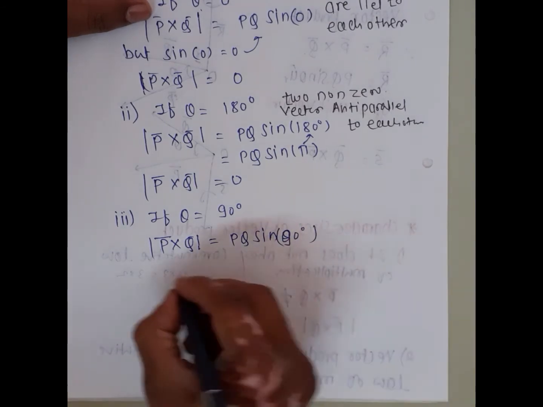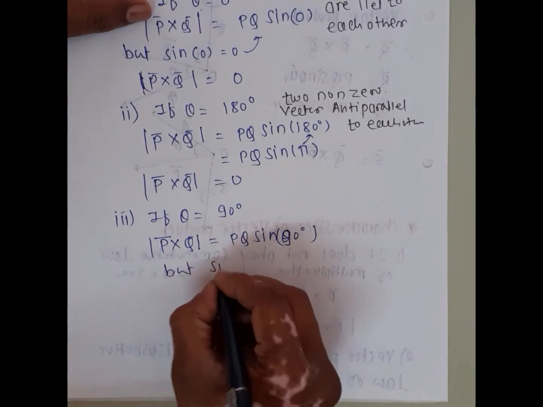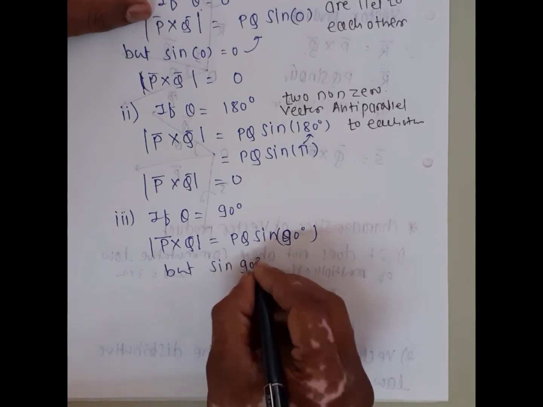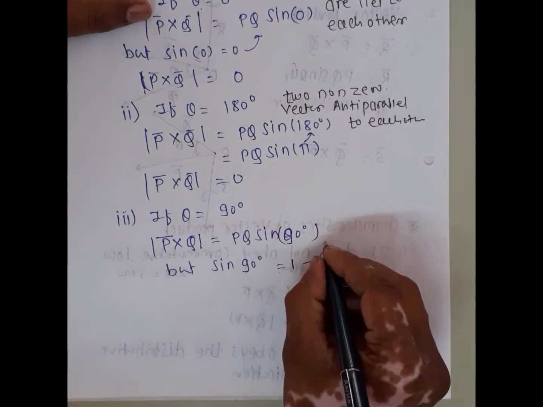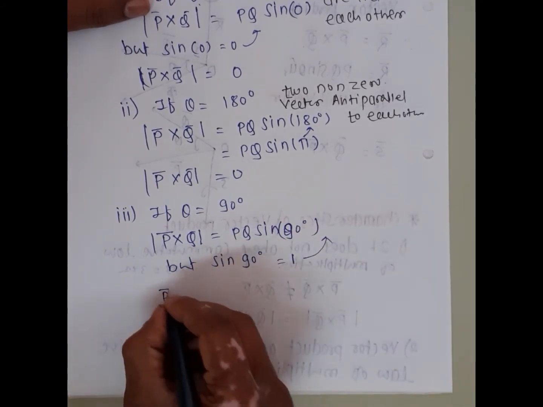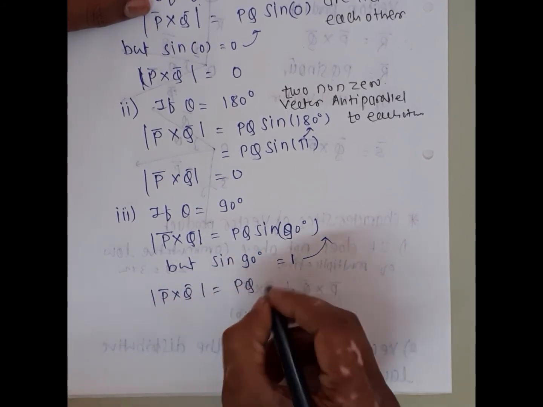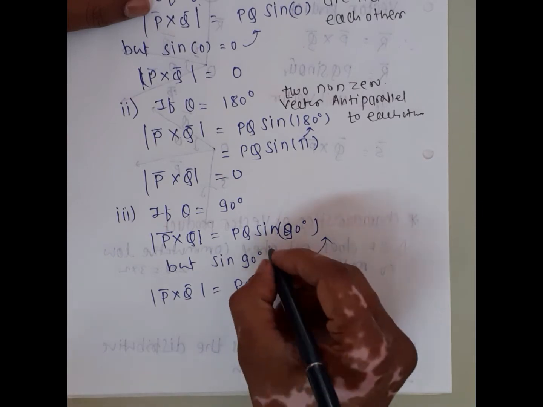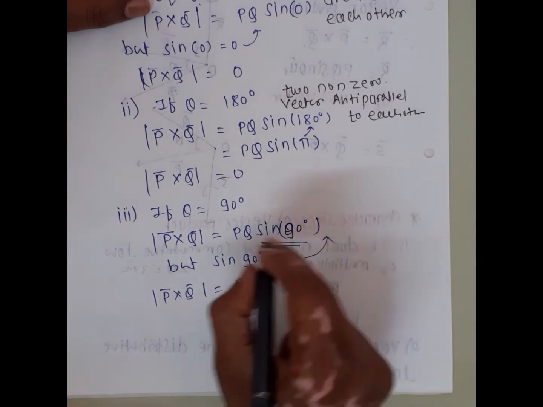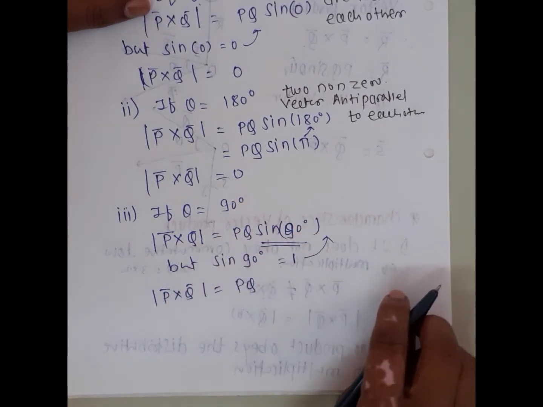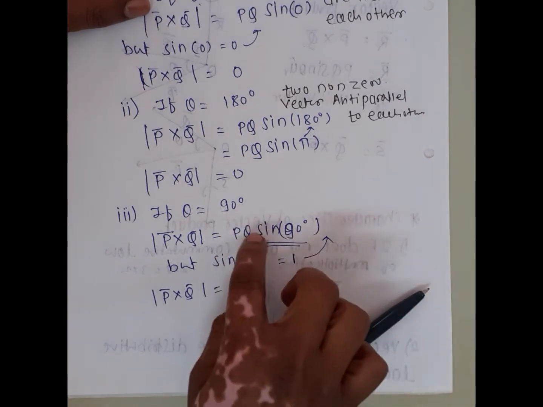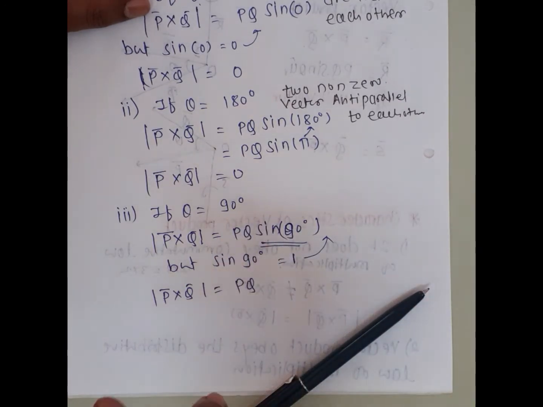And you know sin 90 degrees has the value 1. So we put the value here and we get p bar cross q bar is equal to PQ, because sin 90 is 1. Instead of sin 90 we put 1, so we get PQ. It means in this condition two non-zero vectors are perpendicular to each other.